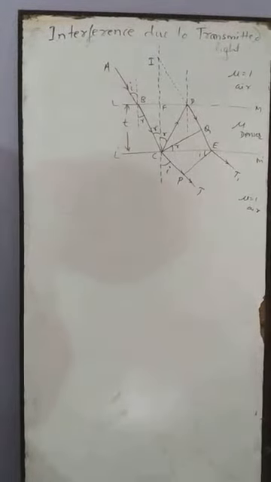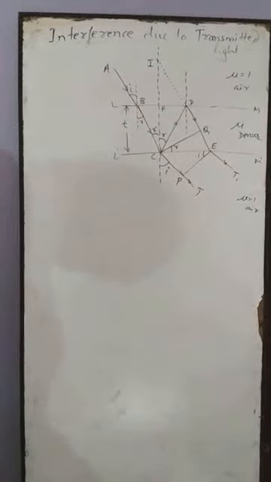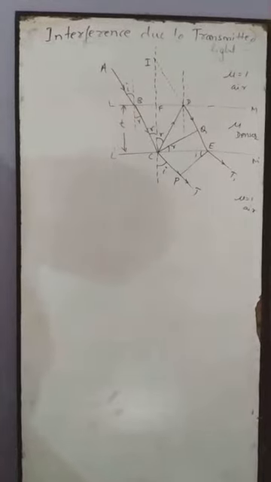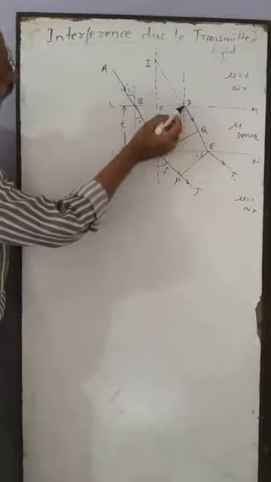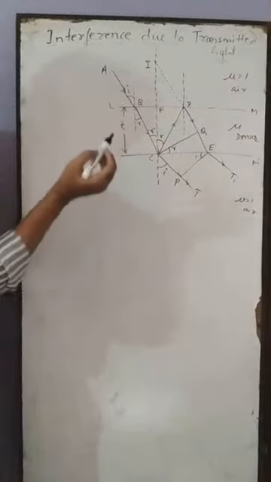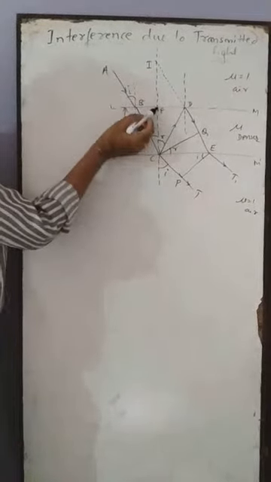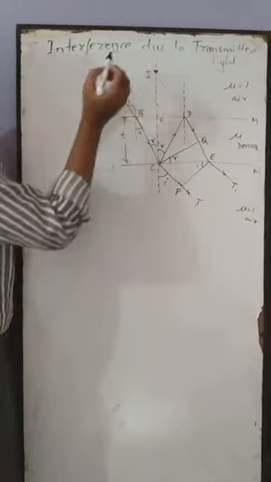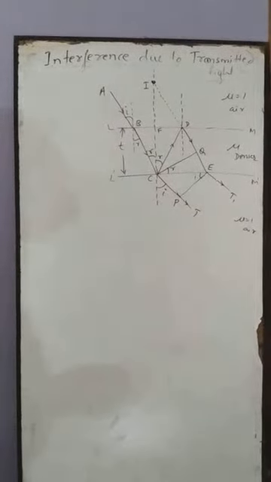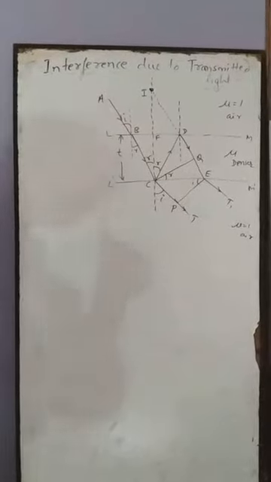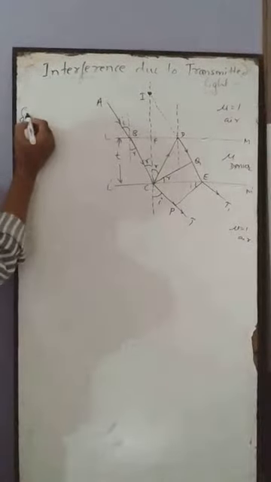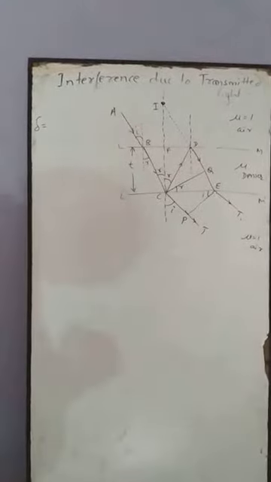We also produce ED. ED must be produced backward and CF must be produced backward. So here you get an image, that is I. Now what is the effective path difference? Path difference is denoted by delta.